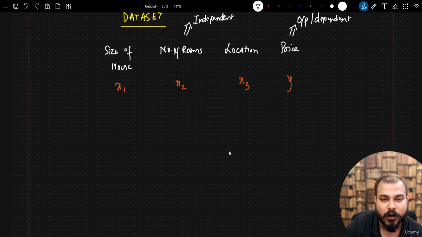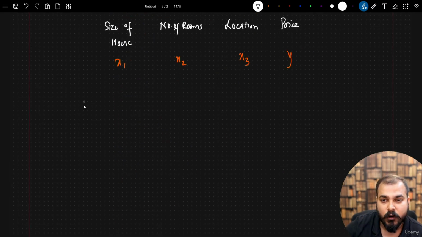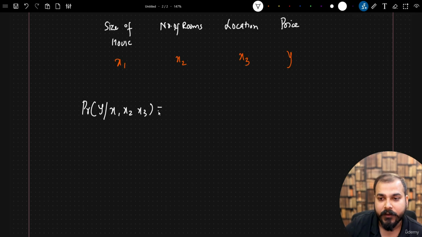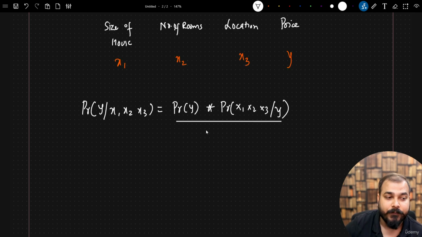The same equation that was there earlier, in the same way I'll write it. What is the probability of y given x1, x2, x3? These inputs are already there, so I can write it like this. And this will further be written as probability of y multiplied by probability of x1, x2, x3 given y, divided by probability of x1, x2, x3.